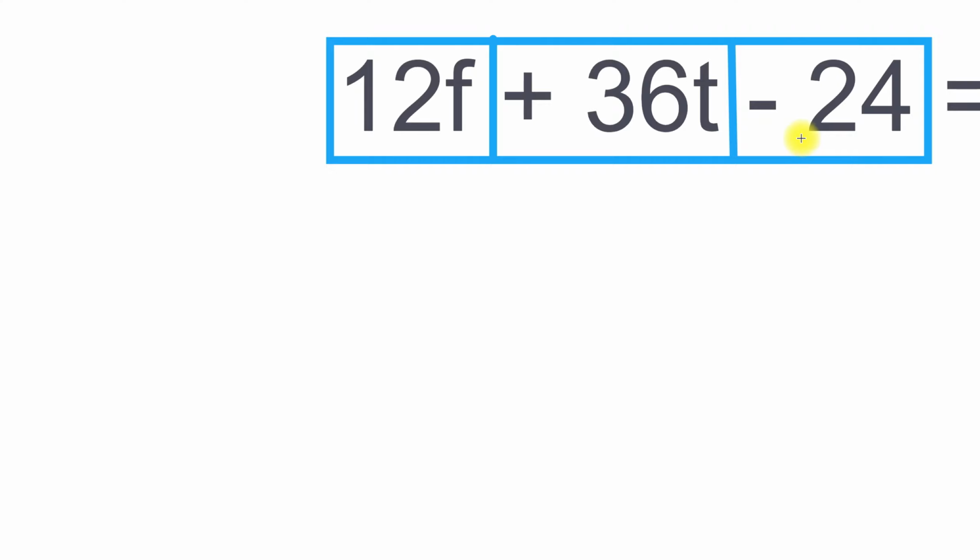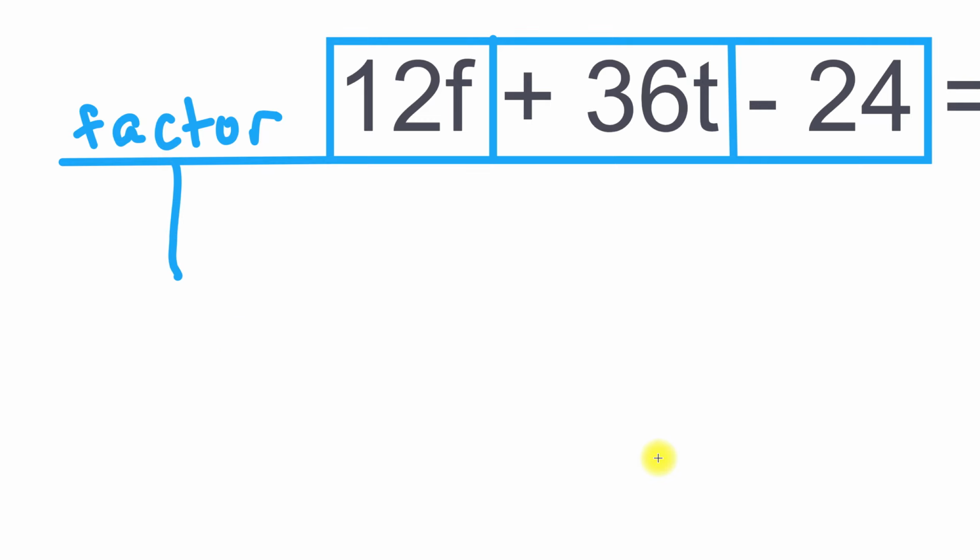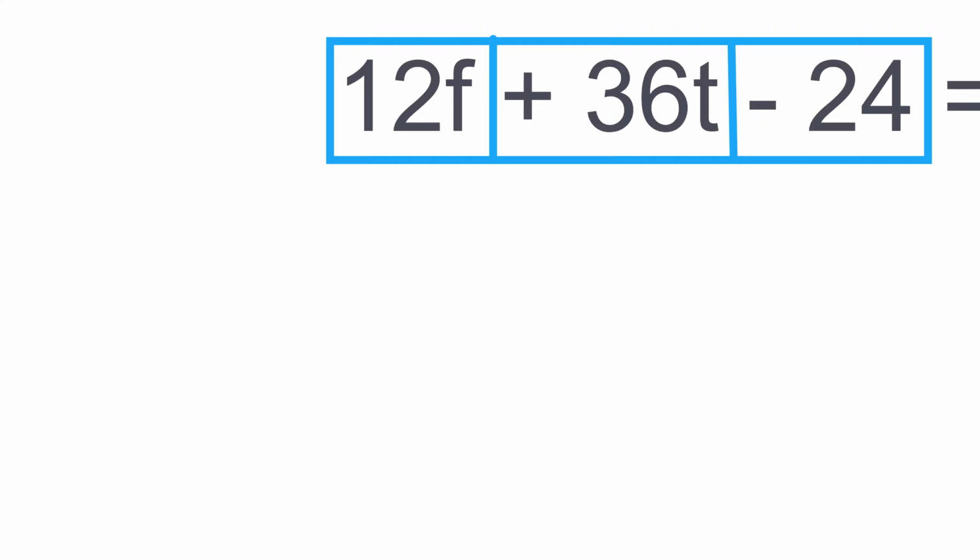Okay. Now remember, they chose the factor of 6. It's not the greatest common factor, but it's the factor they want us to use. I'll put a little line here, and I'm going to write the word factor. Then I will draw a little arrow going down. That is an ugly arrow. Let's try that again.